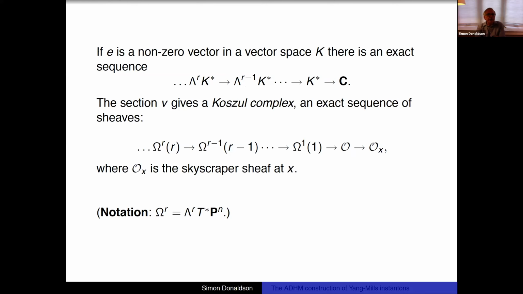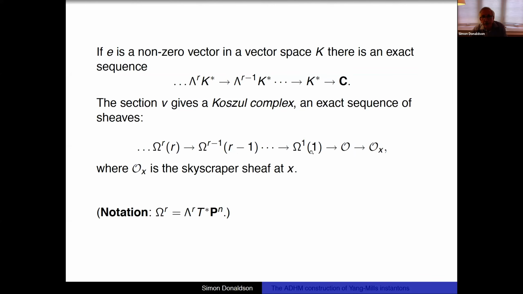So I can apply this idea in the setting of bundles and sheaves to give what's called a Koszul complex, which in our situation is an exact sequence of sheaves where we take Omega r twisted by r. Omega r is just notation for the exterior power of the cotangent bundle, the dual of the tangent bundle. Then contraction with our section defines maps from Omega r twisted by r to Omega r minus 1 twisted by r minus 1, and so on.